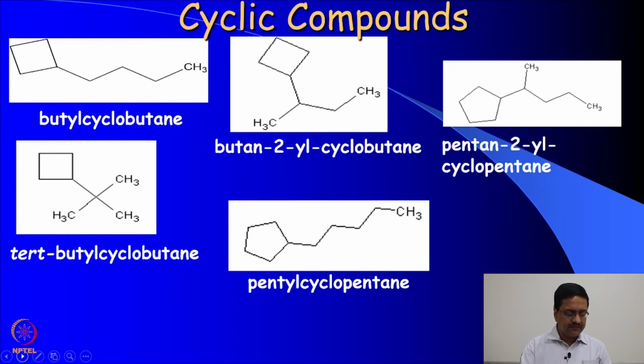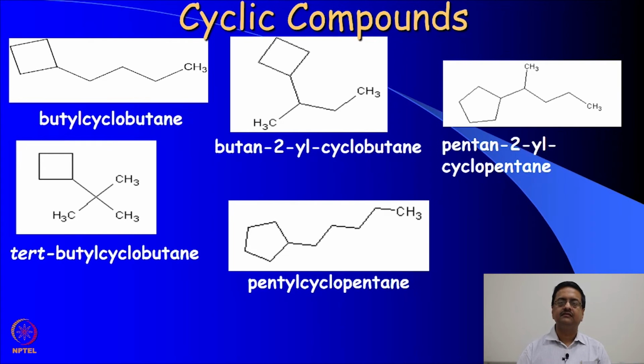So, in the case of the first molecule, where we have a cyclobutyl ring and we have a butyl chain attached to it, we have named it as butylcyclobutane. That means the parent is cyclobutane and butyl is a substituent.